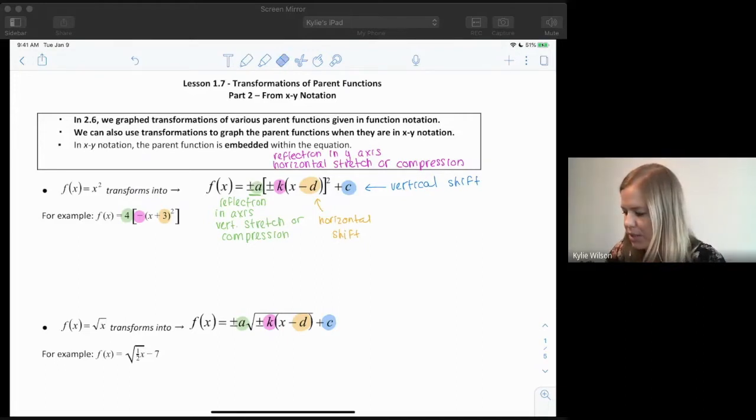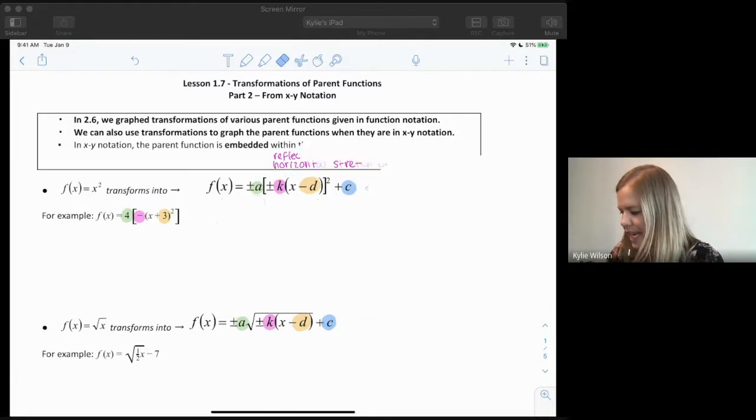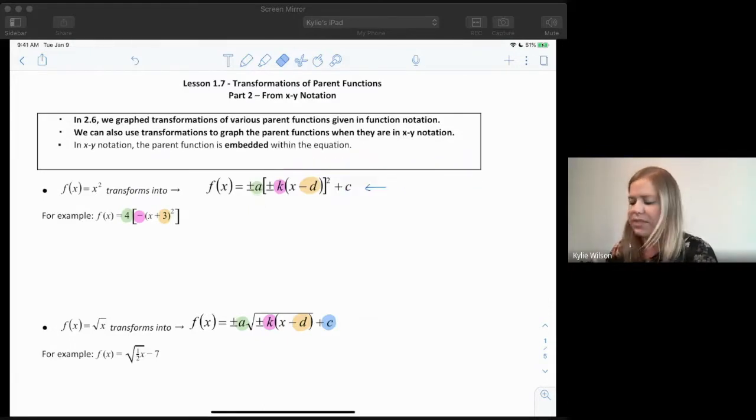And I'm just going to quickly erase those because we're going to get into the transformations specifically for each of our parent functions. So in lesson 1.6, you had the equations written out generally, and then you were just applying your transformations to your parent functions. That's not usually how they're written.